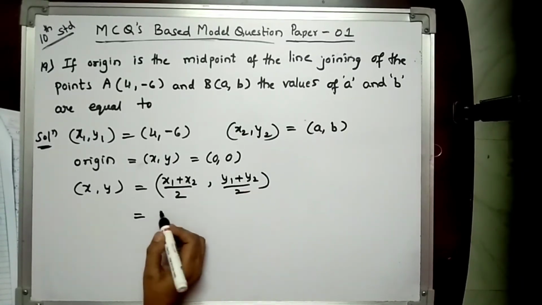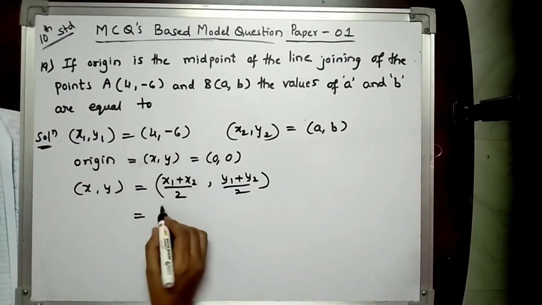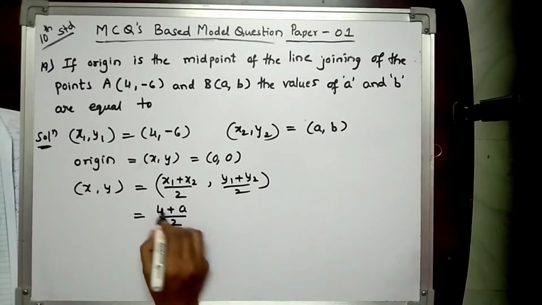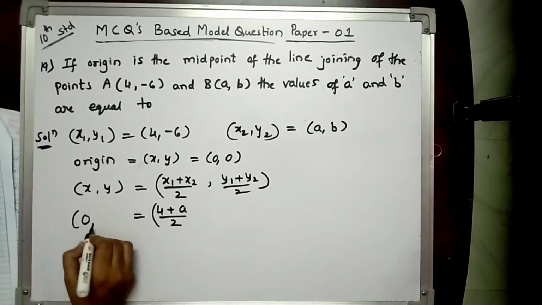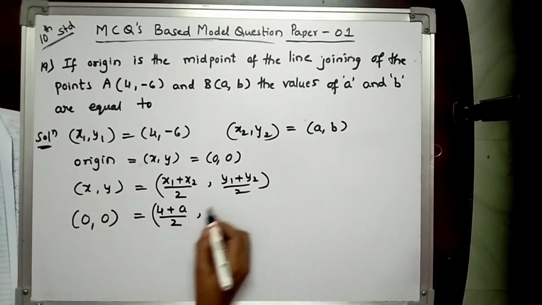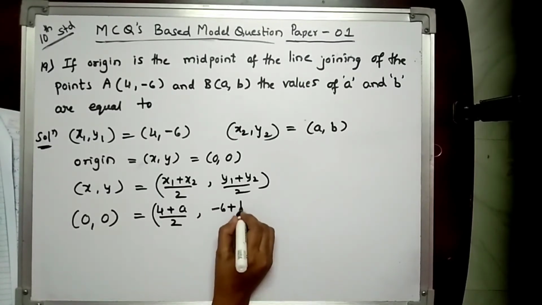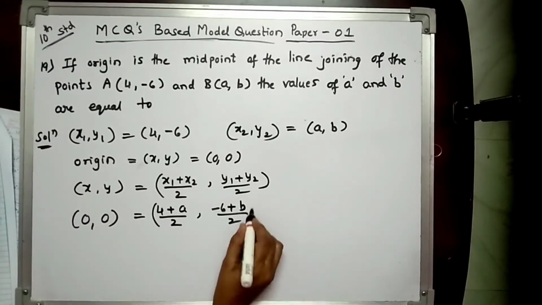So x1 is 4, x2 is a by 2. Here it is origin, which means 0 comma 0. Next y1 is minus 6, y2 plus b divided by 2.